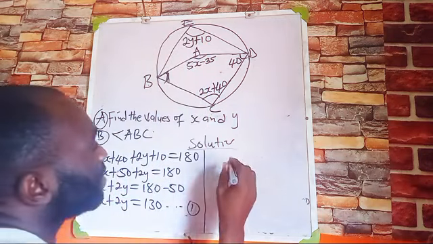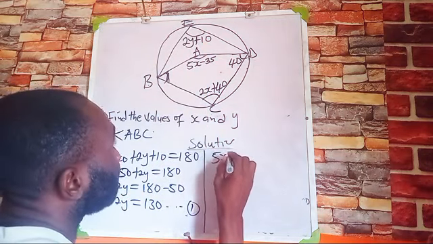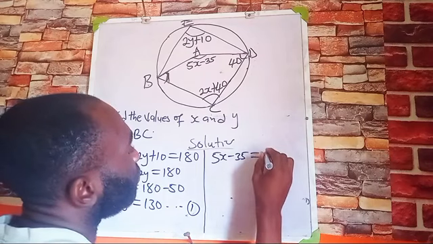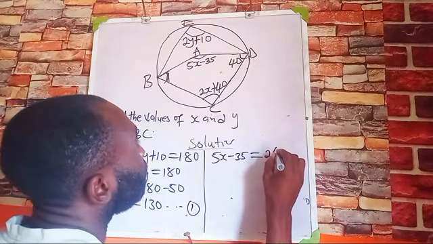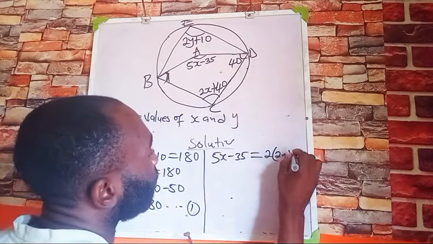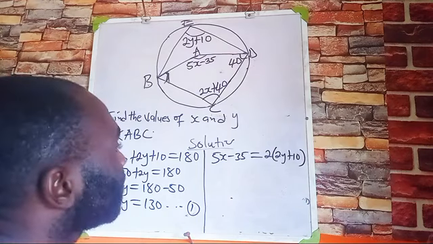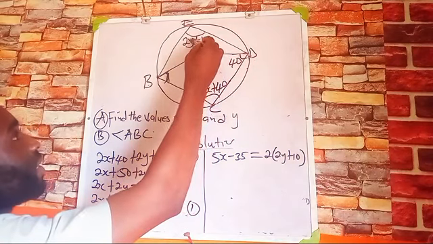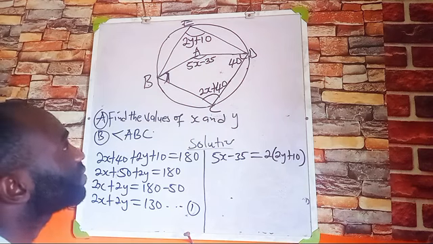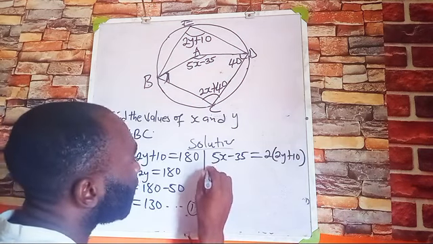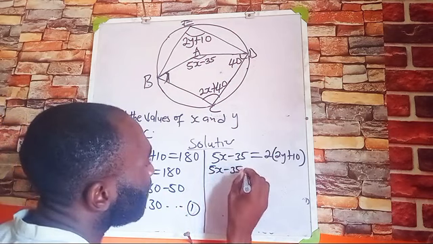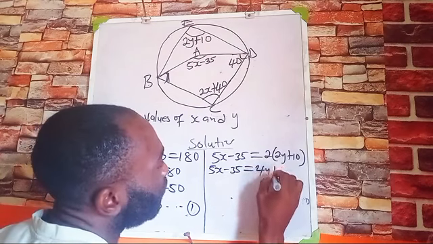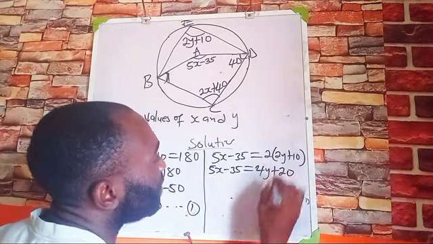So let's say 5x minus 35 is equal to 2 bracket open 2y plus 10. The angle at the center is twice this angle at the circumference. So we now have 5x minus 35 is equal to 2 times 2y, which gives us 4y, plus 2 times 10, which gives us 20.